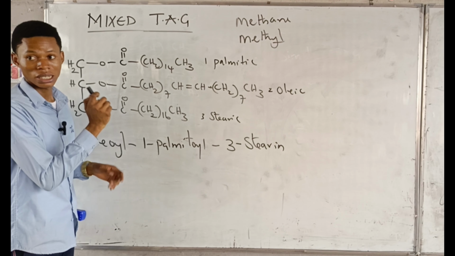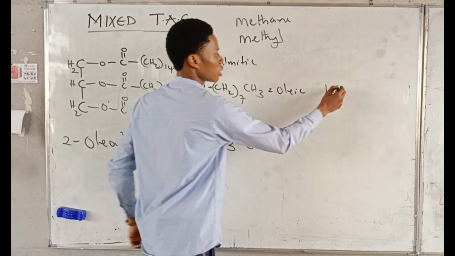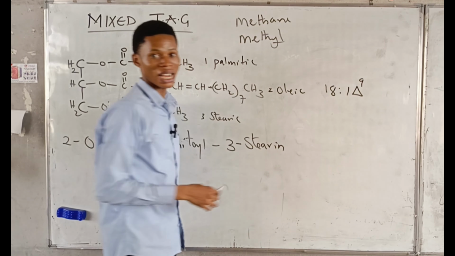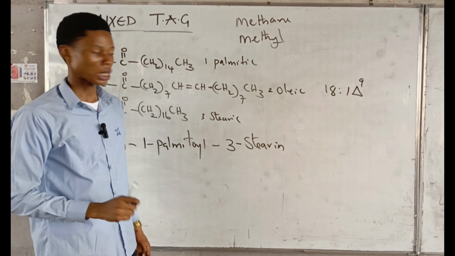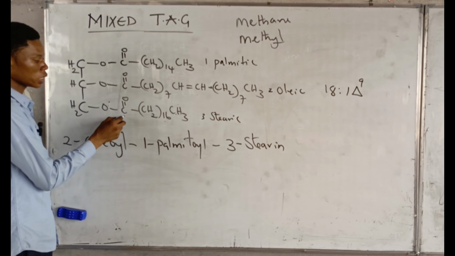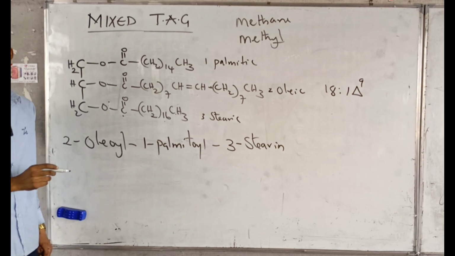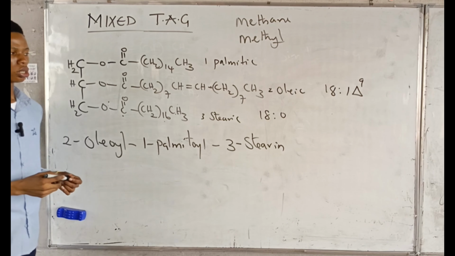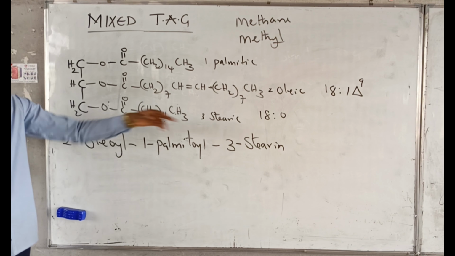It's on carbon 9. So here we have 18 carbons, 1 double bond on carbon 9. If you check very well, this is oleic acid. Now this one, 16, 17, 18. This is 18 carbon with no double bond. So this is stearic acid.